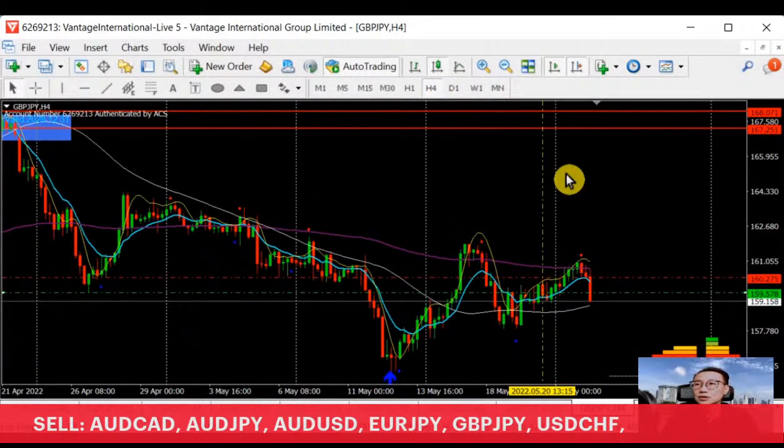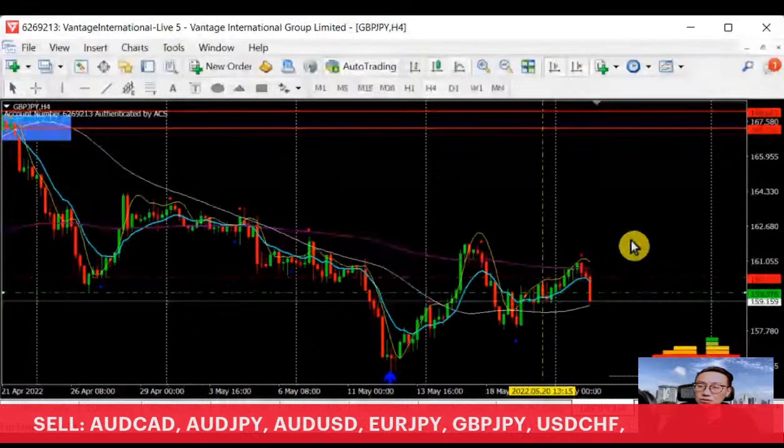Since I want to sell, I'm going to look out for my resistance level to sell. So I should be plotting my resistance level over here. I'm coming down, lower down the time frame.